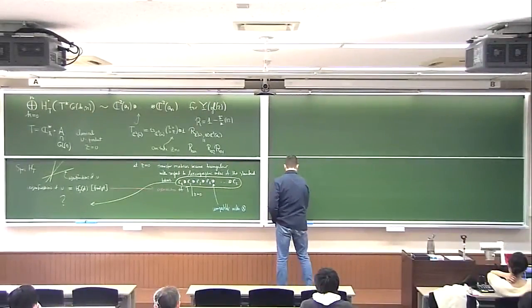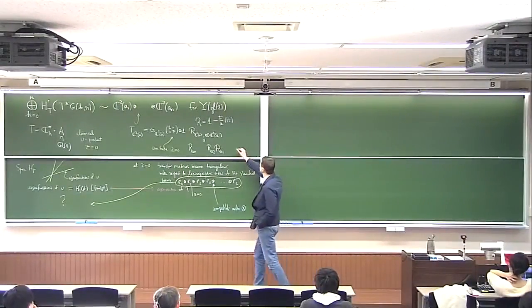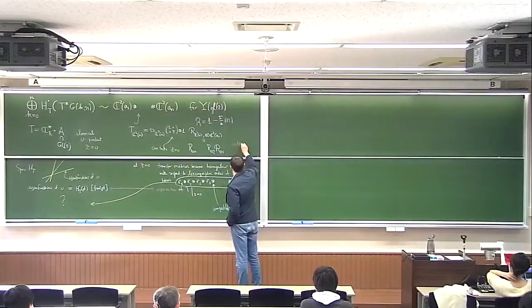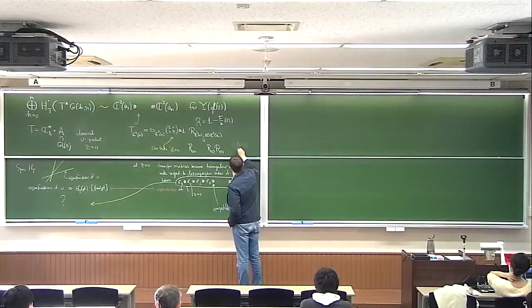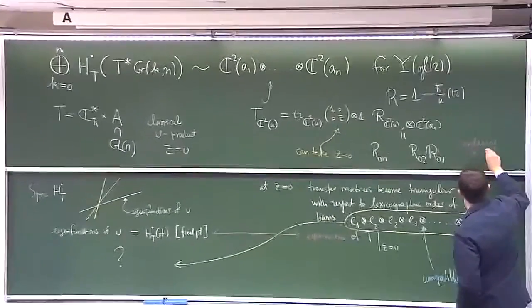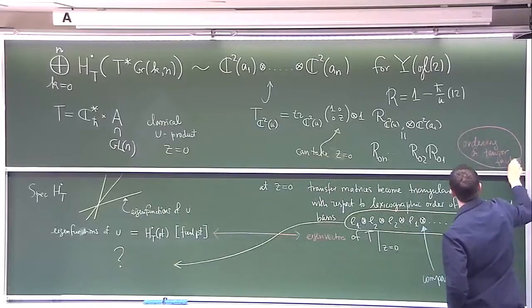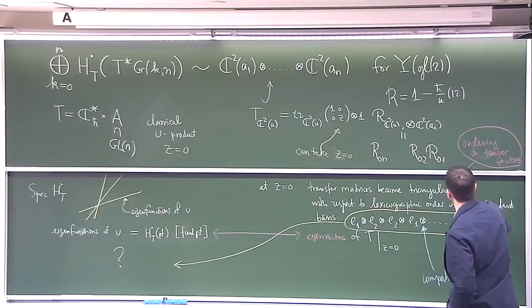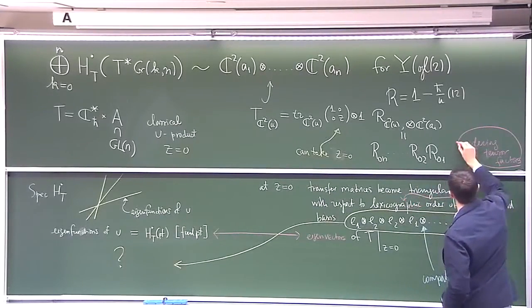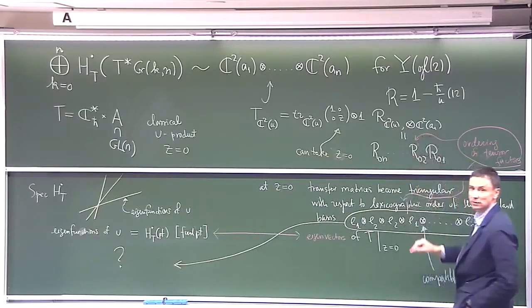Here we have here and here and here. It's important to have this ordering of coordinates, of tensor factors. It's something which enters this notion of lexicographic order.